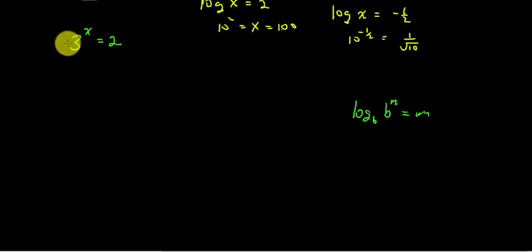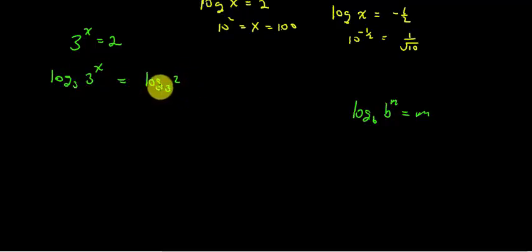Since exponential functions are 1 to 1, there's only one value of x that can make this equal to 2, and log functions are 1 to 1. So what that means is we can look at this equation and say, log base 3 of 3 to the power of x has to be equal to log base 3 of 2.